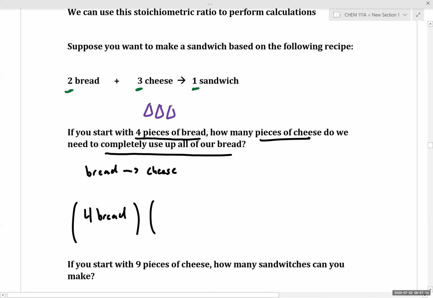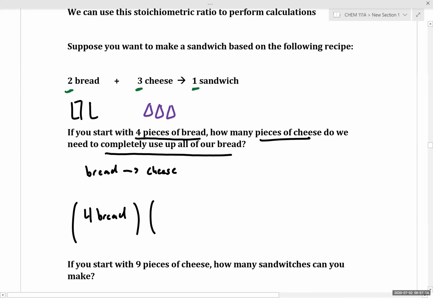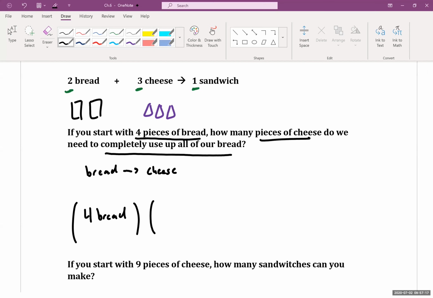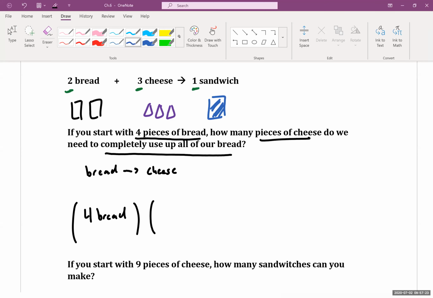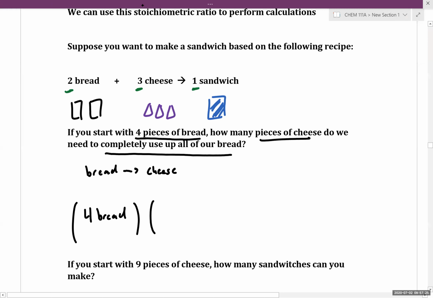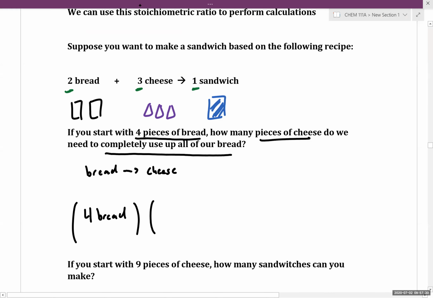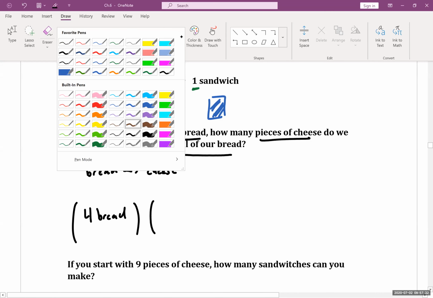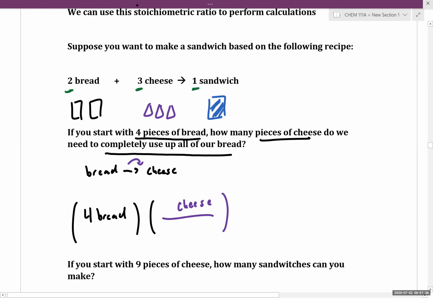So just to draw another picture, just to help us see this pictorially for those who like seeing reaction pictures. I always find drawing a picture of the number of reactants and products helps me keep things organized. So my question to everyone is, if we have 4 pieces of bread and we're converting to cheese, the units of cheese will be on top. The units of bread will be on bottom.